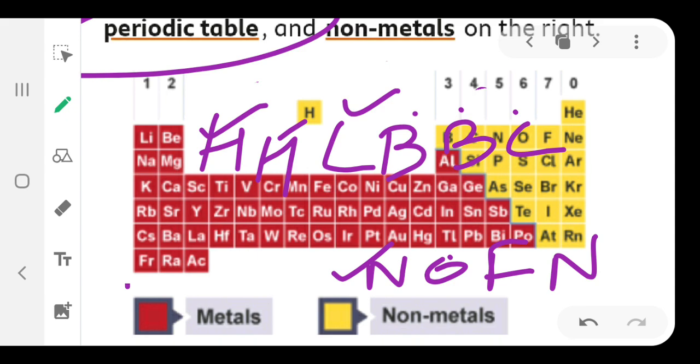So H is for hydrogen, second is helium, Li for lithium, then Be for beryllium, then B for boron, C for carbon, N for nitrogen, O for oxygen, F for fluorine, and Ne for neon, which is the inert element.